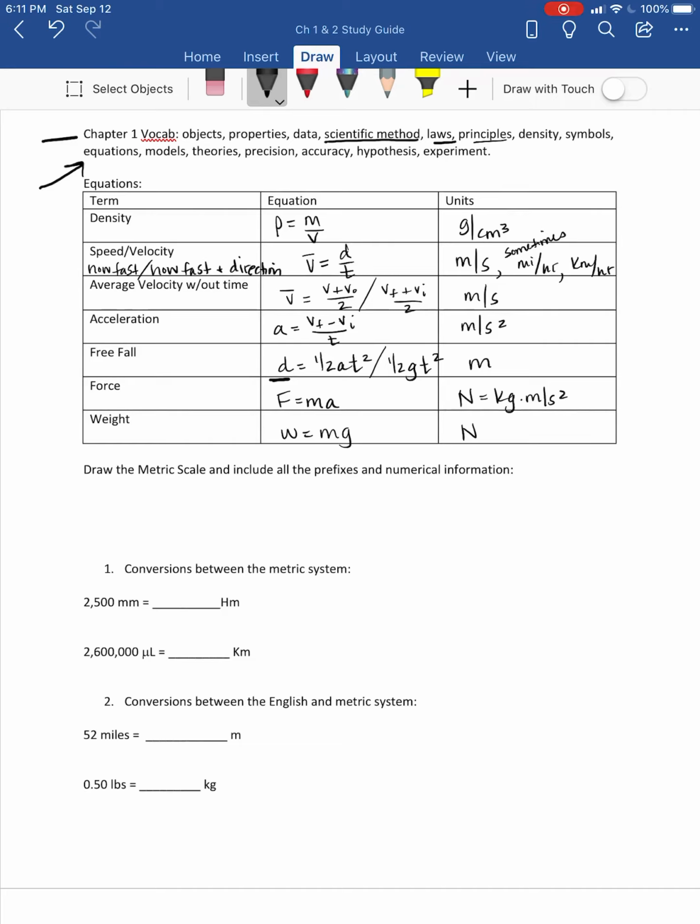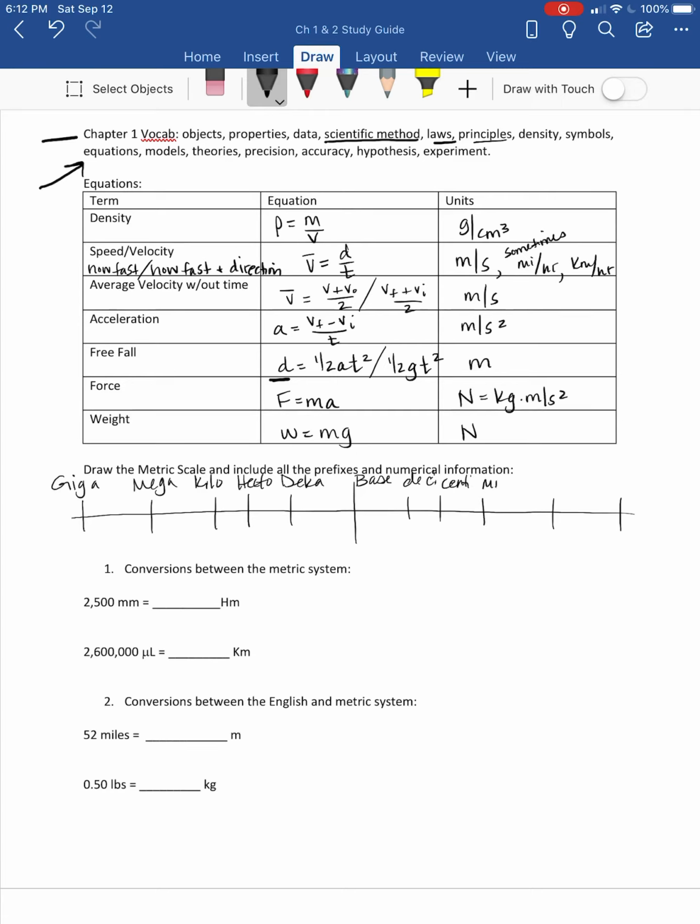Okay, so here we have the metric scale, and you guys can write this with me. You guys need to be able to do this. So over here on the left, we've got giga, mega, kilo, hecto, deca, base, deci, centi, milli.